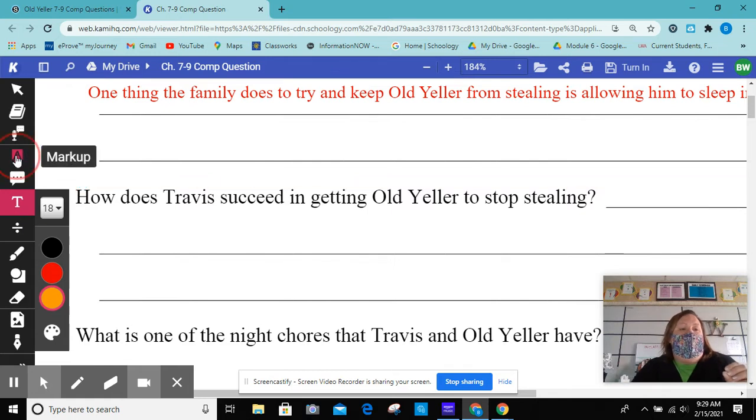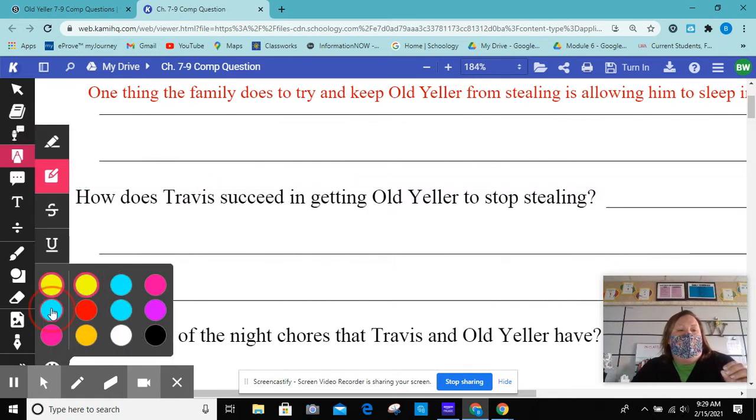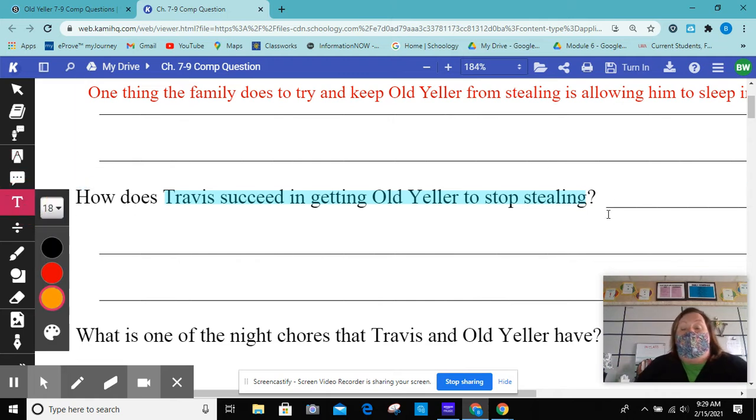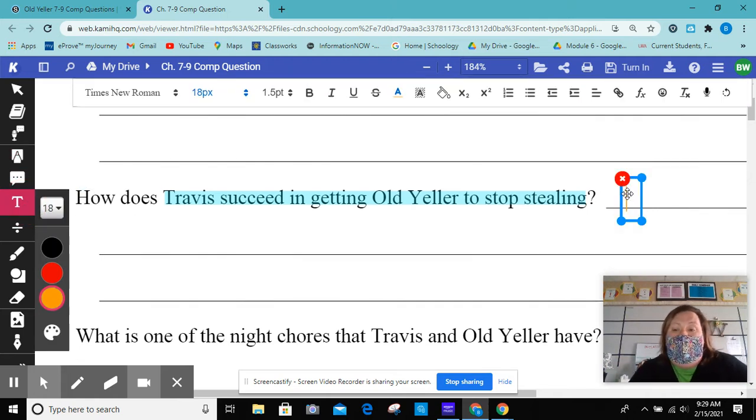Okay, so I'm going to highlight. Travis succeeded in getting Old Yeller to stop stealing by, all right, what I highlight, that means it needs to show up in your answer.